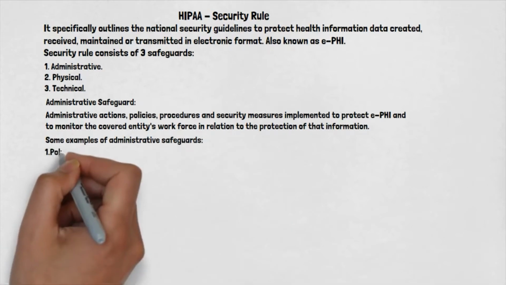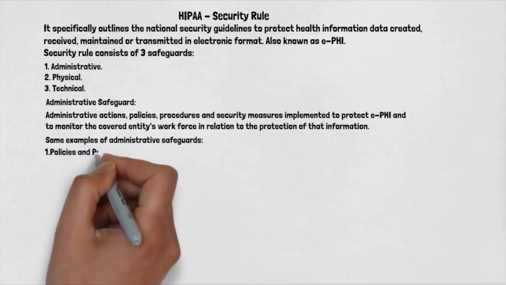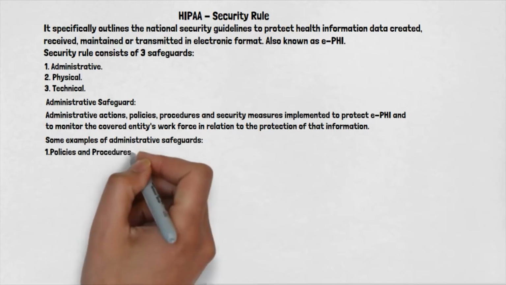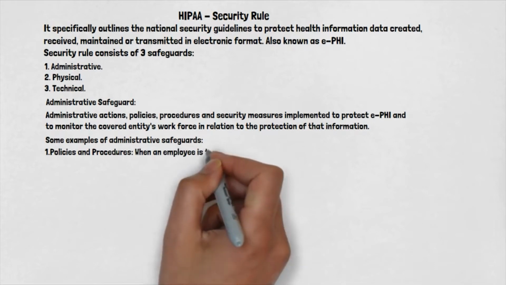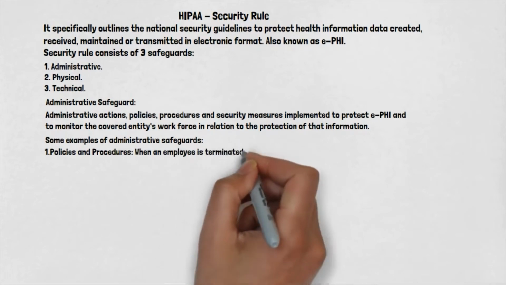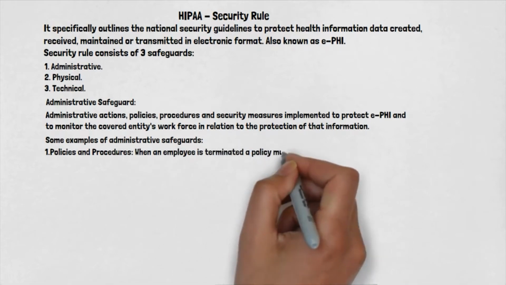The first one is policies and procedures. Companies should have certain policies and procedures in place to protect ePHI.